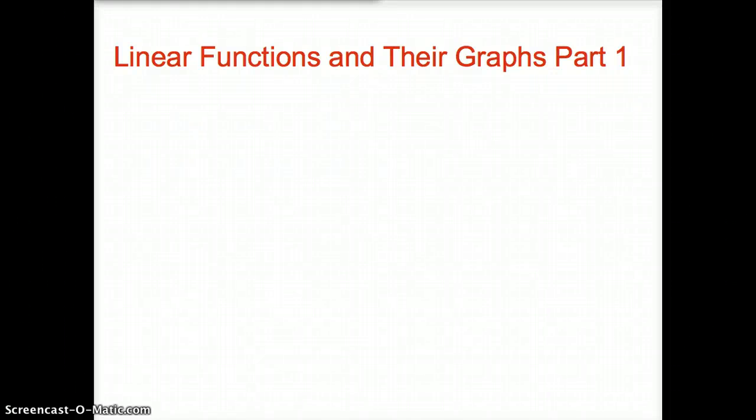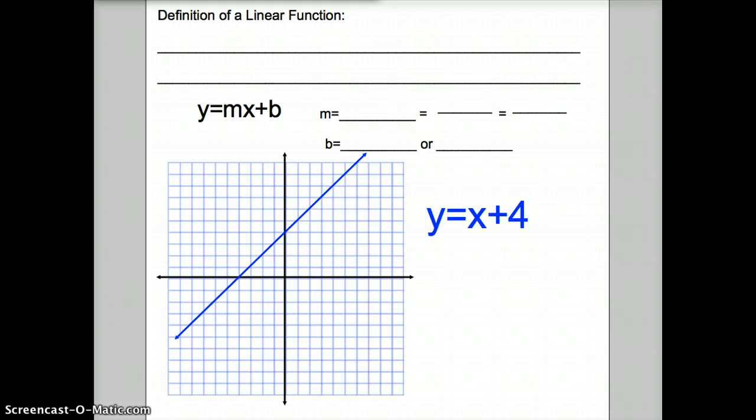This is a video on linear functions and their graphs, and the goal in this video is to be able to graph linear functions and be able to write the rules for different linear functions that you see. So let's first of all define what a linear function is.